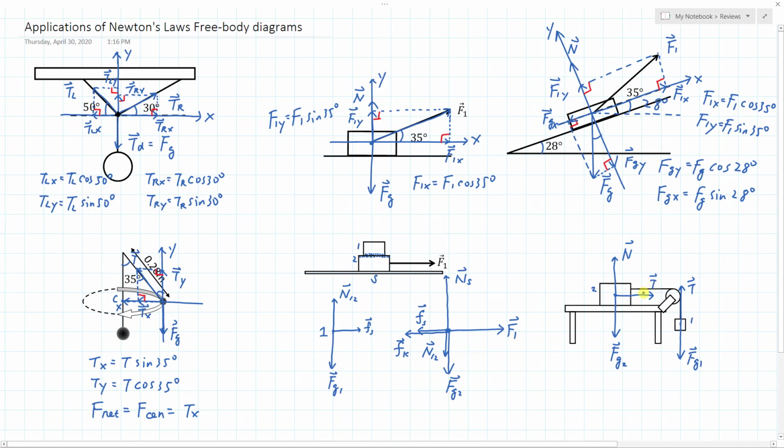We're only looking at what the boxes feel. So with the string, there's only one additional force. These two are the same exact magnitude. Direction could change by the pulley. But if they are directly in contact like this, there could be two separate forces. The surface can supply normal force, can also supply friction.